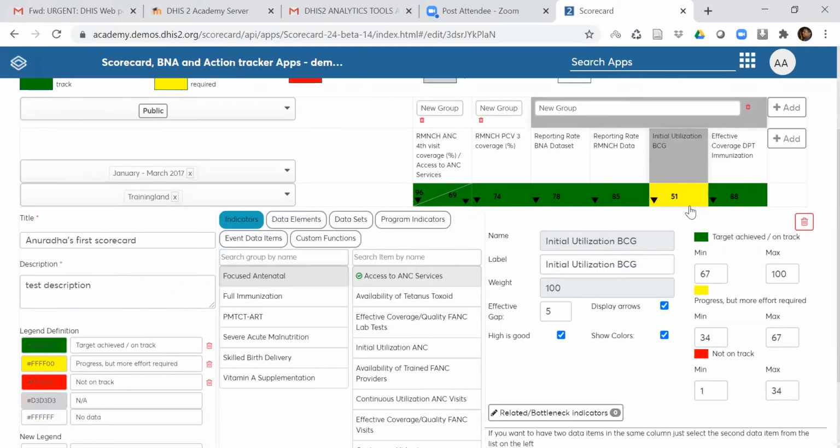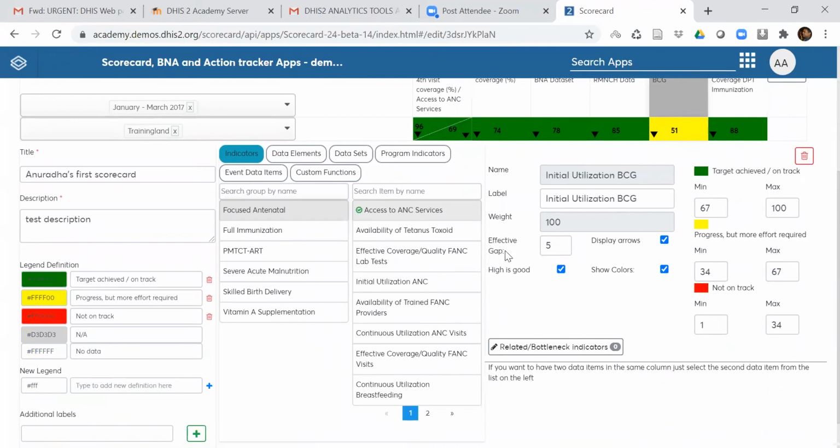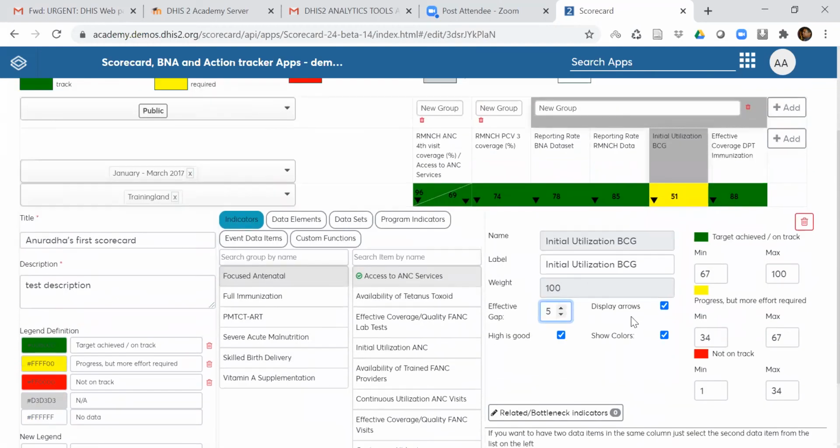Now go down here. There's a space, effective gap. Now here it is selected as effective gap 5. It means if there is a 5% increase or decrease related to the previous period. What is the previous period? The previous period is the same type of previous period.